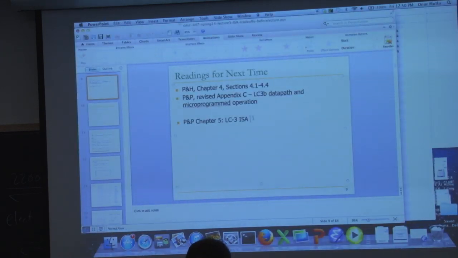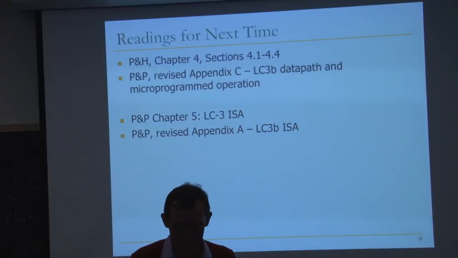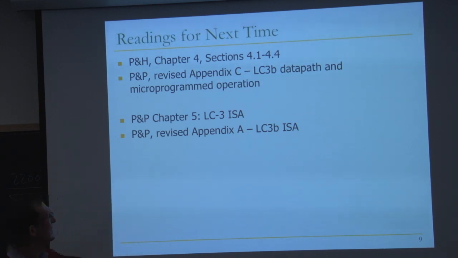Actually, this chapter is still relevant, but I'll also add the revised Appendix A. So we're going to cover a bunch of different ISAs, and the more you look at these documents, the better it'll be. I like LC3B because it's simple. MIPS is also relatively simple, but I'll cover a lot of very complex ISAs too.